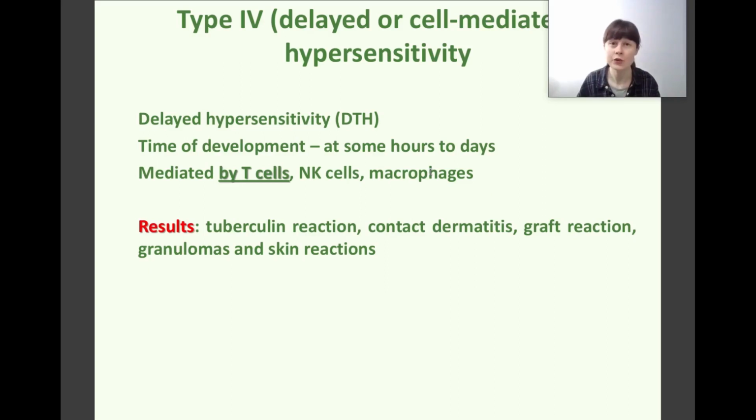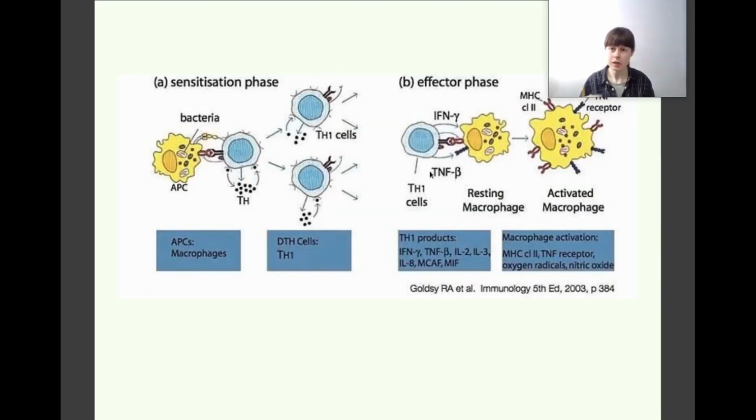And this kind of hypersensitivity is encountered in many allergic reactions to infectious agents, from contact dermatitis to transplant rejections. And because this is a delayed type, it occurs in two phases. First phase is the sensitization phase, and the second one is the effector phase.